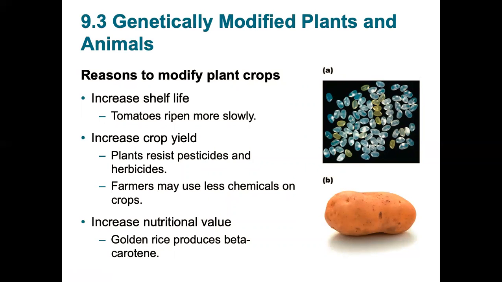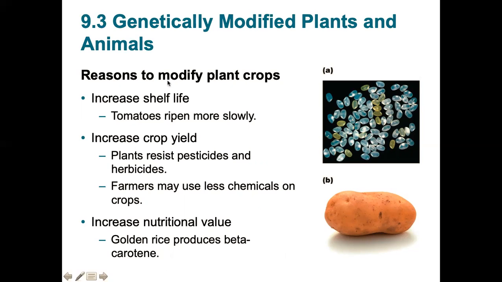It's just starchy. But if you take beta carotene, which is an antioxidant, a vitamin, and cause the rice kernels to express that gene, the rice makes beta carotene and turns yellow. Then when you ingest that rice, you get the benefit of beta carotene as well.